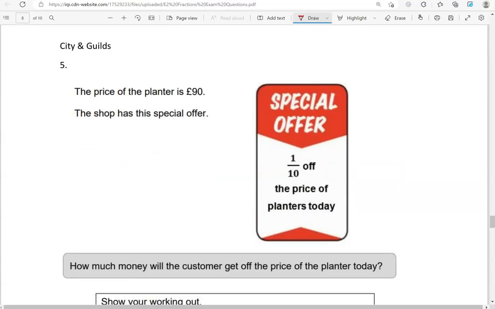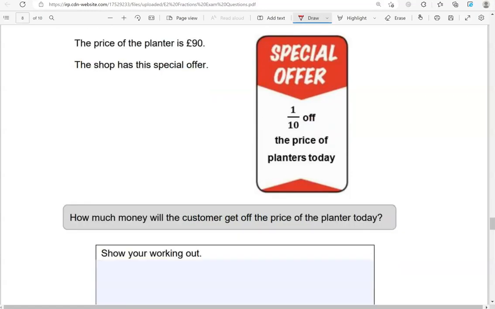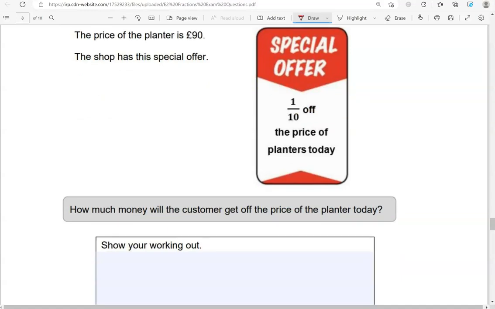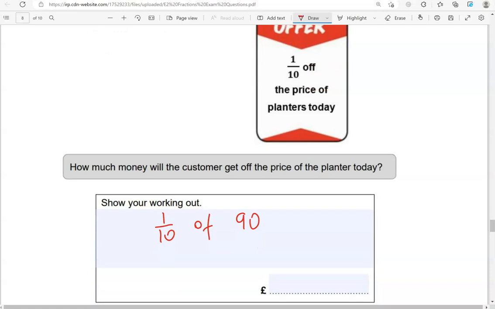The price of the planter is £90. The shop has this special offer. 1/10 off the price of planters today. How much money will the customer get off the price of the planter today? So we're working out 1/10 of 90. One-tenth, that means splitting the whole thing into 10 equal parts and taking one of them.